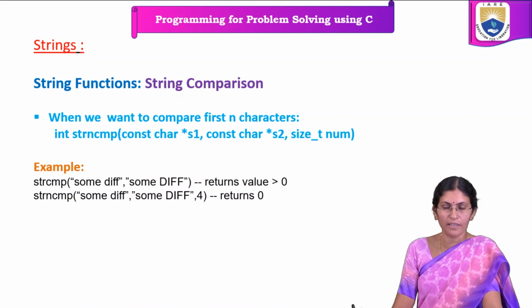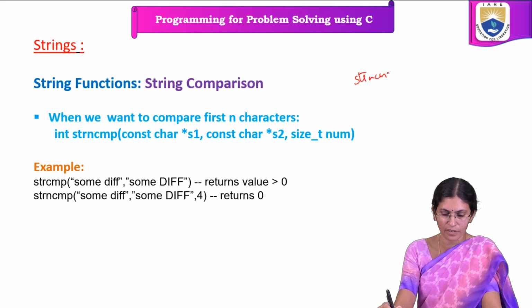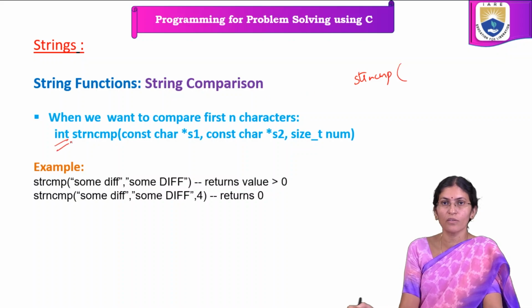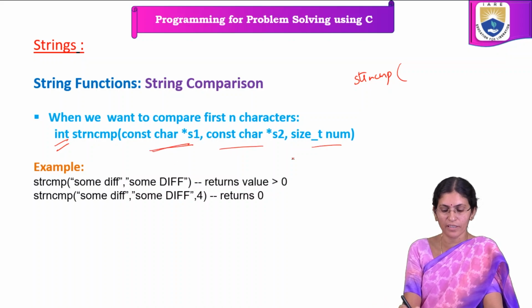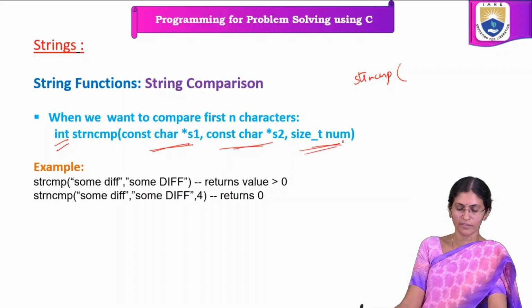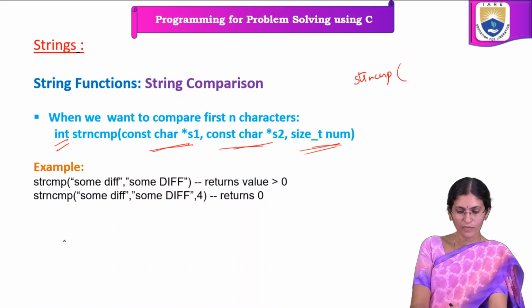Next is another variation of string comparison, strncmp. The return type of strncmp is also an integer and it takes 3 arguments. The first one is a character pointer, the next one is also a character pointer, and the last one is an unsigned integer.